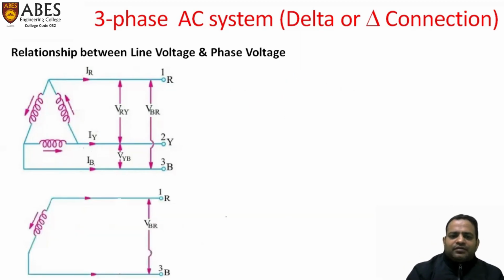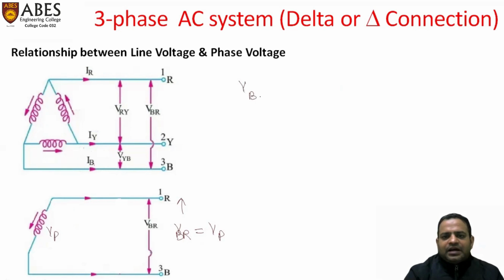Similarly, for VRB or VBR, it is equal to this phase voltage. So we can say that VBR, that is the line voltage, is equal to the phase voltage.